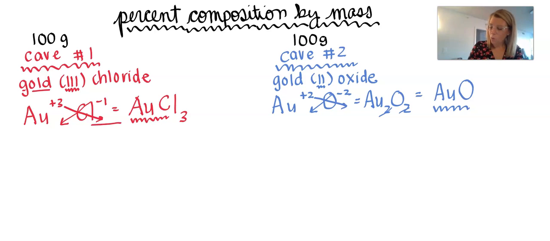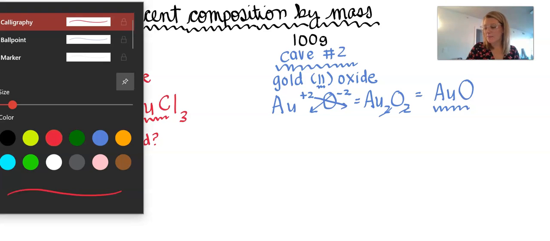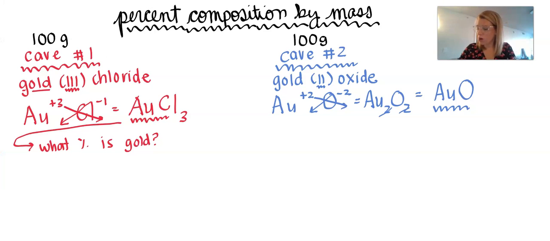So what percentage of this compound is gold? What percentage of my 100-gram sample is actually gold? And again, the same thing for my AuO. What percentage of this is actually gold? So I take 100 grams, but that 100 grams isn't pure gold. We need to figure out which one of these contains more gold.